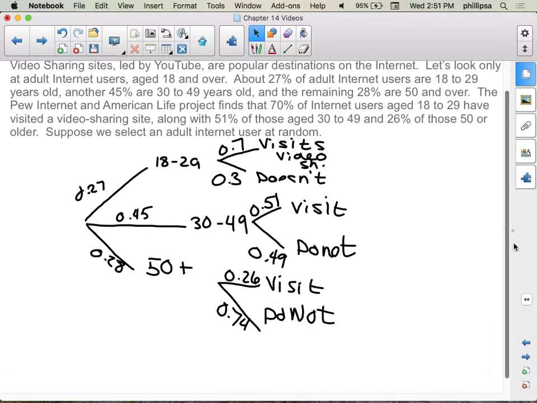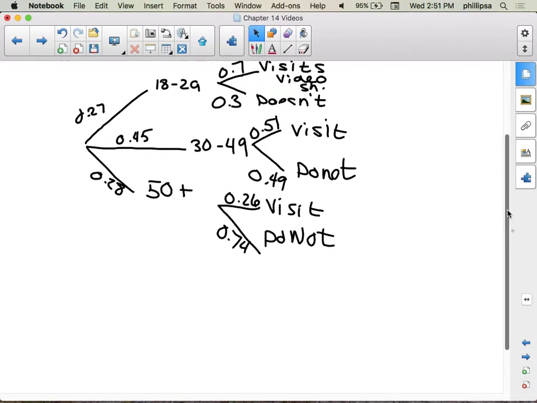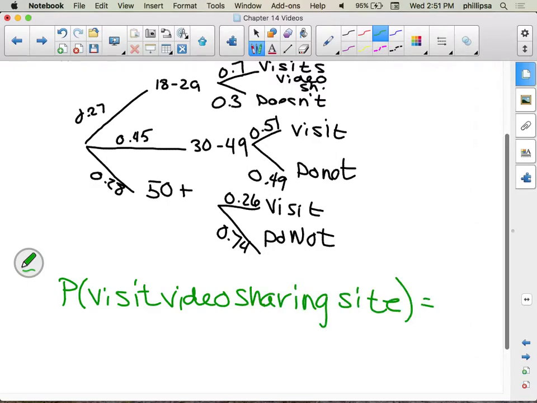Now I can find some probabilities here. If I first ask you for the probability that this person has visited a video sharing site, you have to trace them back. 70% of the 18 to 29-year-olds, and it was 27% that made up that group, so you have 0.27 times 0.70.